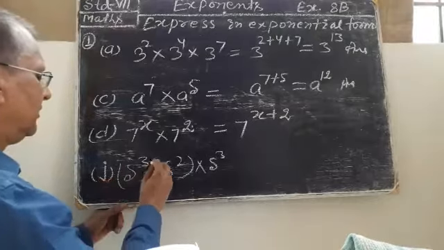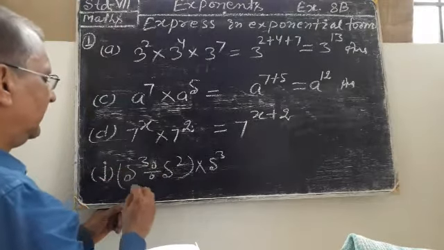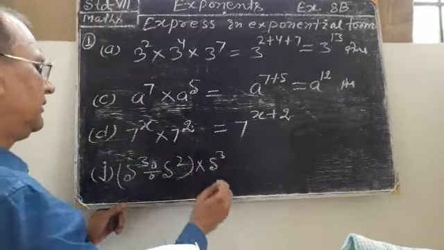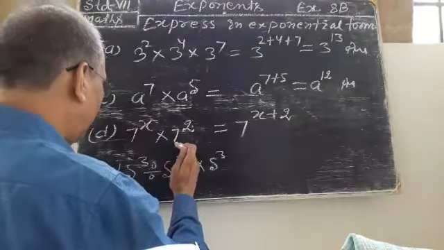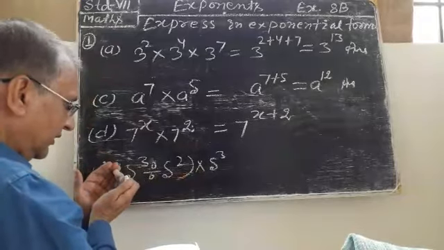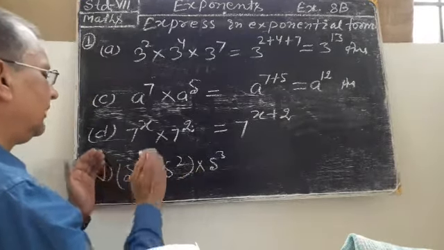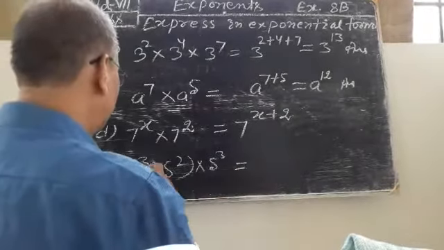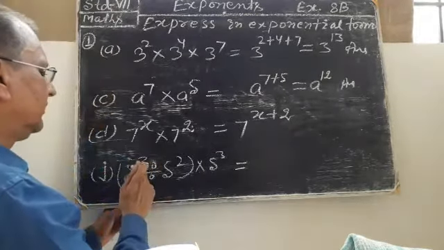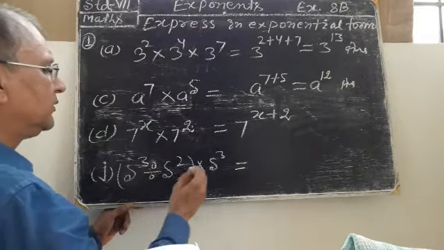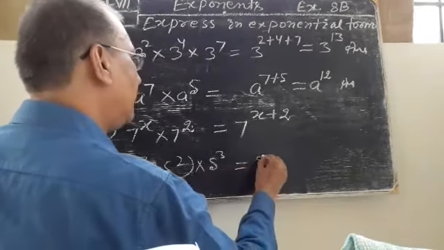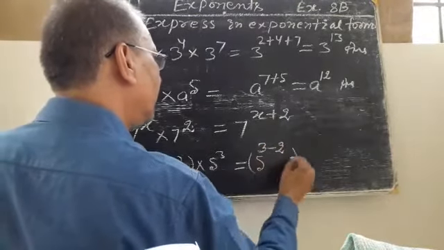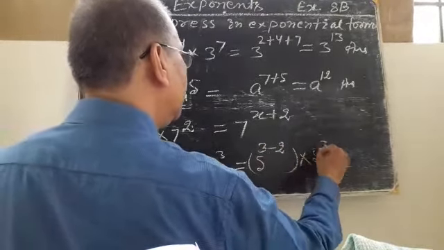Now see question number J. 5 power 3 divided by 5 power 2 multiplied by 5 power 3. So we have to solve the exponent given in the bracket first and then solve with it. This is the case of division, so the power will be subtracted. 5 power 3 minus 2 into 5 power 3.